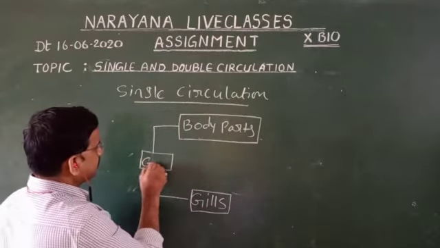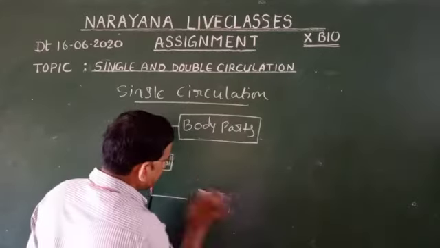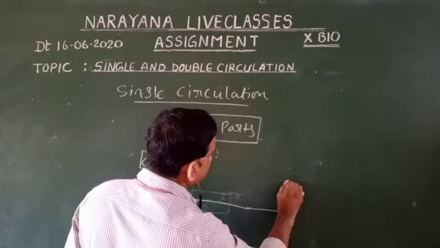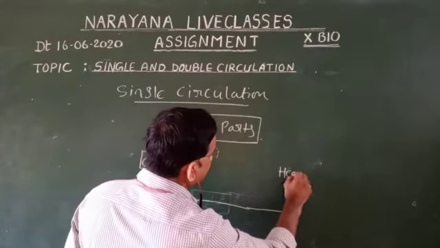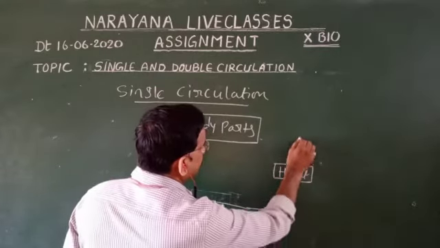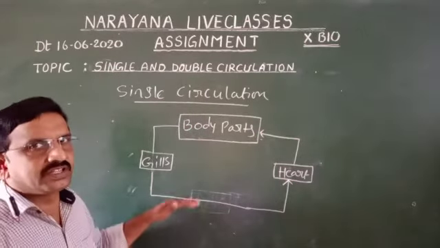Here are the gills, and then the heart is here. This is the block diagram of a single circulation.